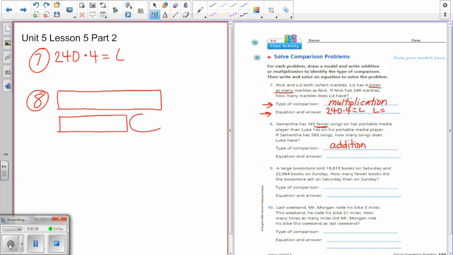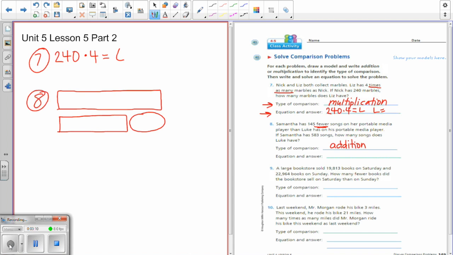and then we have this little area right here. So if I were to be plugging in those numbers, who do I want to find out? Luke. Samantha has 145 fewer songs on her portable media player than Luke has on his portable media player. If Samantha has 583 songs, how many songs does Luke have?